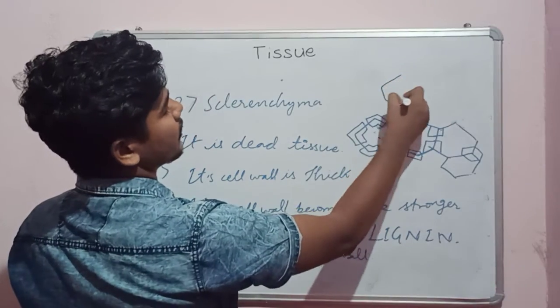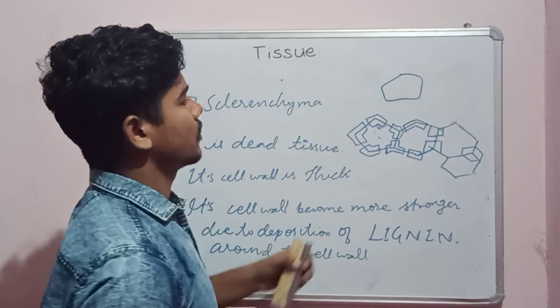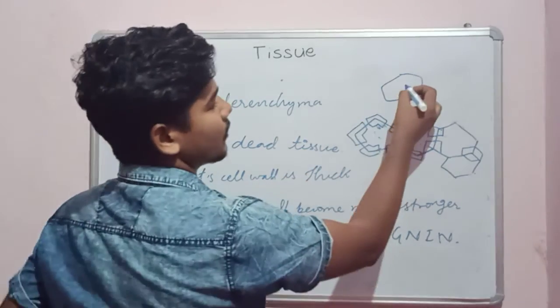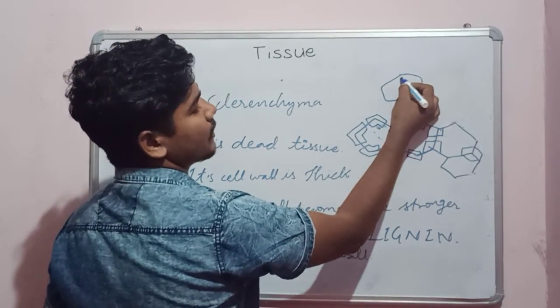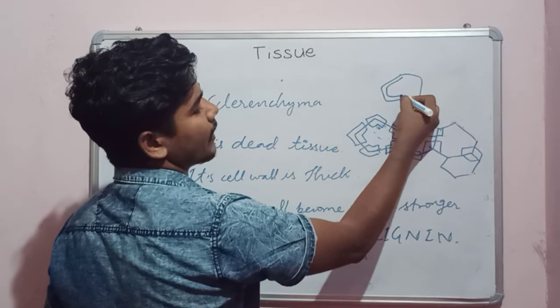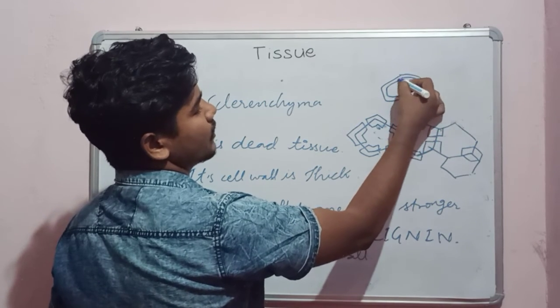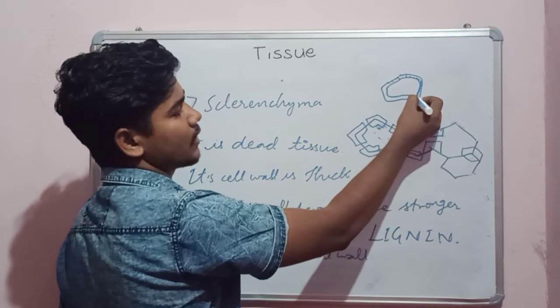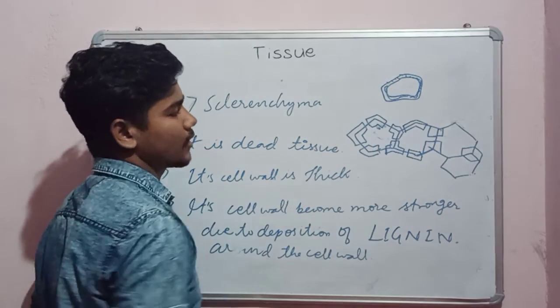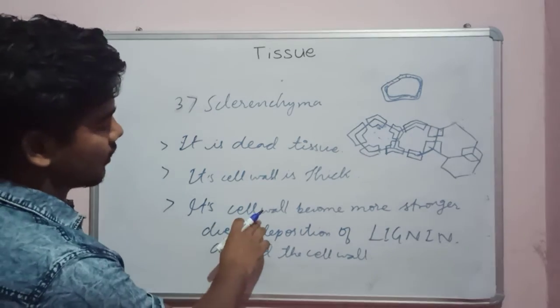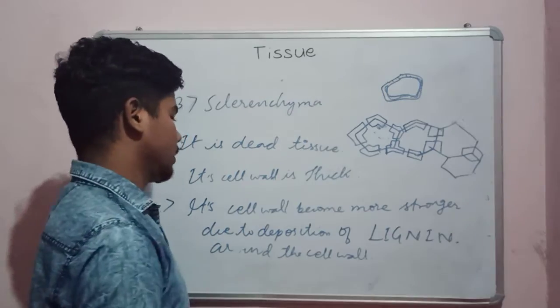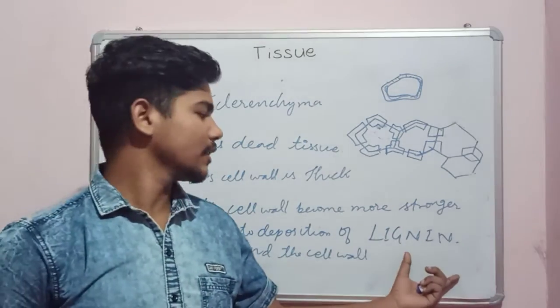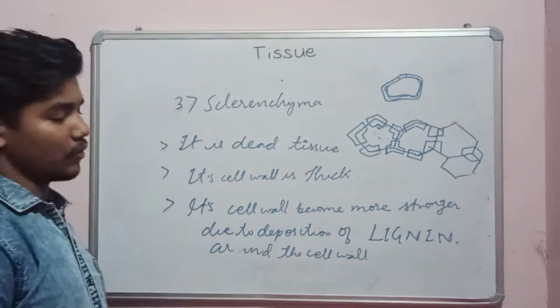So first of all, sclerenchyma is like collenchyma, but afterwards there is secretion of lignin and it forms another layer which provides strength to the cell wall, and the cell wall becomes stronger than earlier.